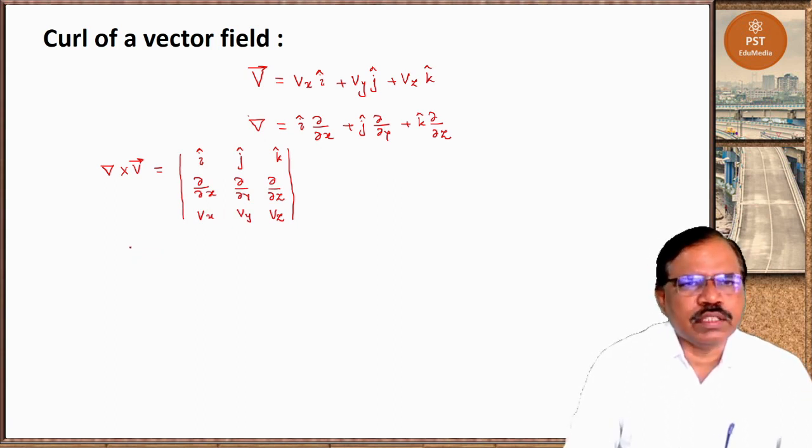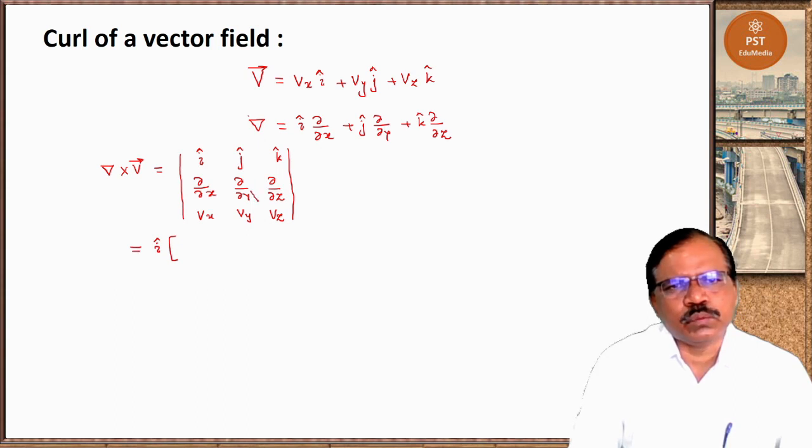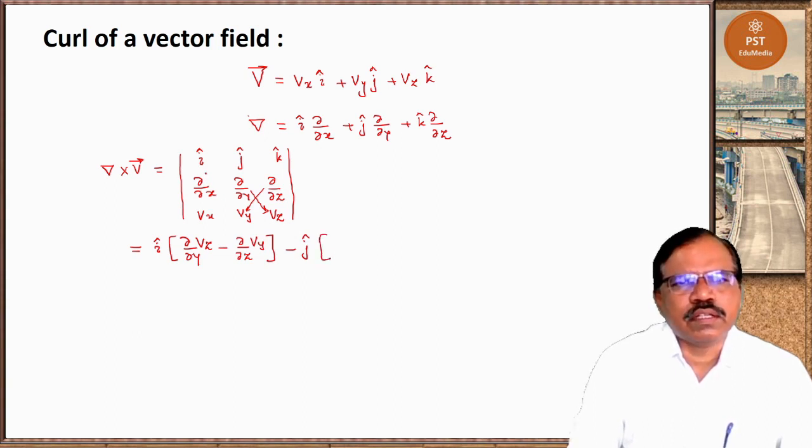If we solve this, we take here i multiplied by, now we use these two and these two: del by del y of Vz minus del by del z of Vy, then minus j, then we use del by del x and Vz, del by del z and Vx.